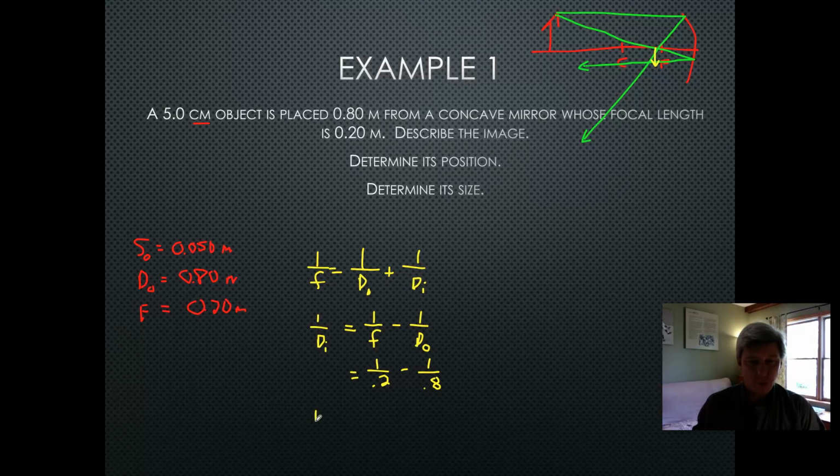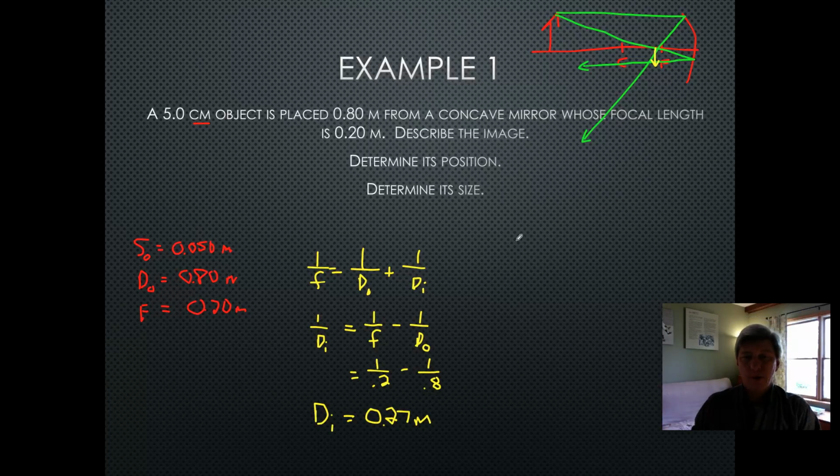All right. So DI, the distance of the image, is going to be 0.27 meters. All right. Now, does that make sense? Well, we said that the image is going to be located between C and F. Well, if F is 0.2 meters from the vertex, then 0.27 meters certainly does make sense. So that's a good answer here.